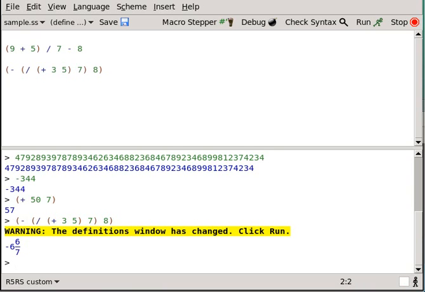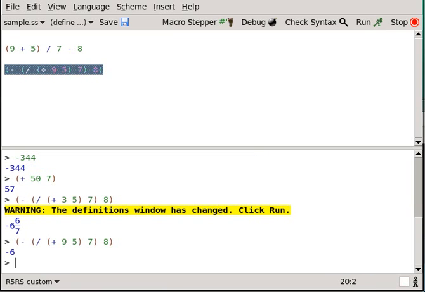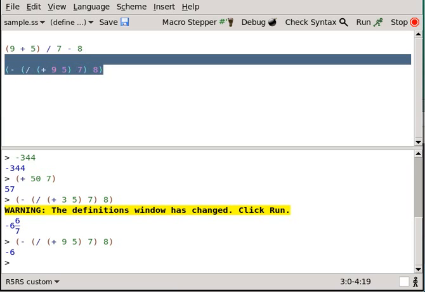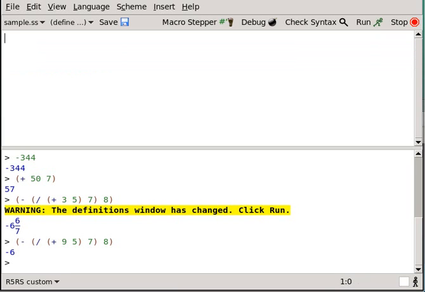That'll give us 14 divided by 7 minus 8. So like 9 plus 5. Okay, there. So that answer should be what? 2 minus 8, so it should be negative 6. We'll see what we got. Yep, that's right. Okay, so that's how you convert between infix and prefix notation in Scheme.